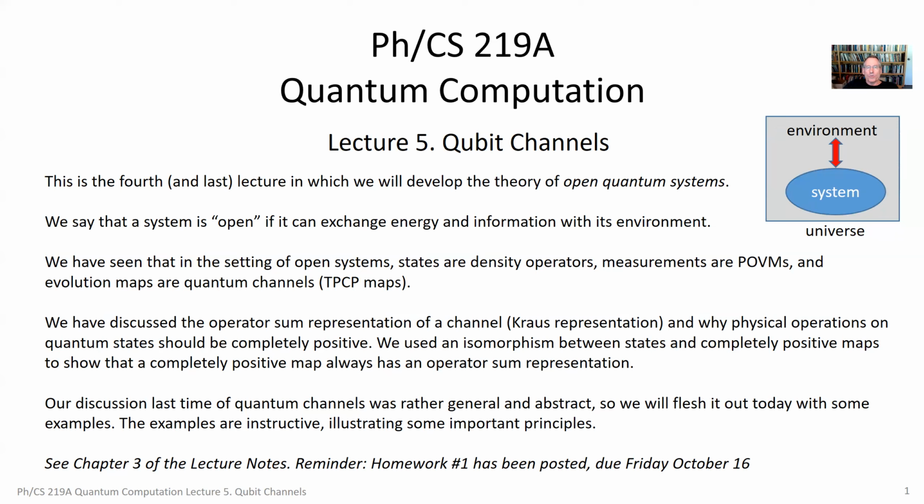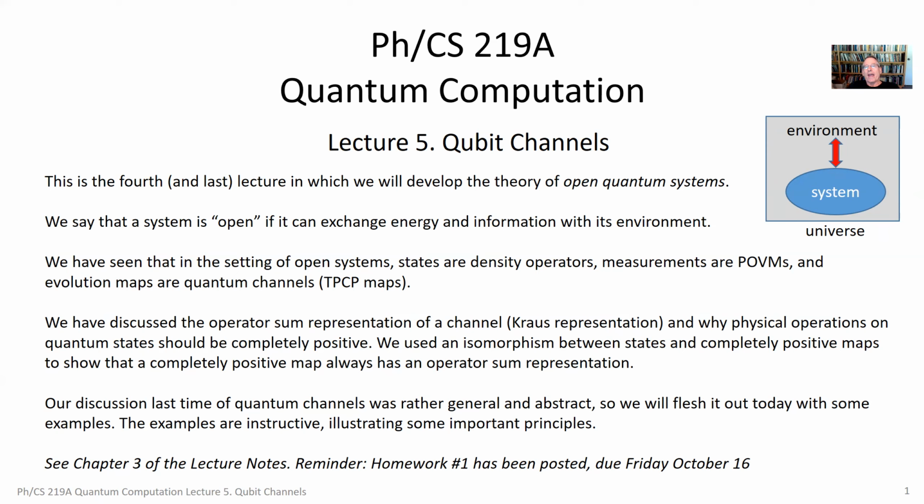And we discussed why physical operations that can actually be applied to quantum states should have the property of being completely positive. And last time we used an isomorphism between completely positive maps and states to show that completely positive maps always do have an operator sum representation.